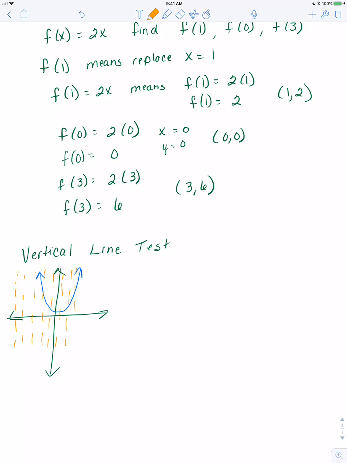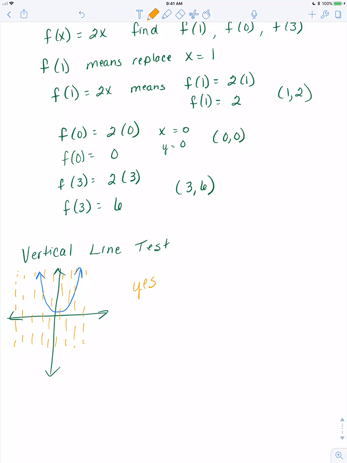If any of these vertical lines hit this twice, then it is not a function. Remember, we cannot have any of those x's repeat. So we would say, yes, this one is a function because none of those repeat. And sometimes I'll say, if you can imagine holding your pencil at a vertical position and running across that and just seeing, does that line hit my pencil anywhere twice?